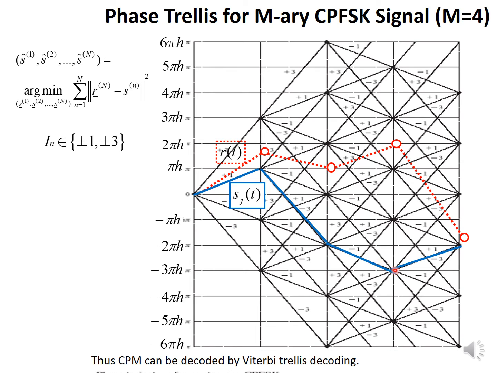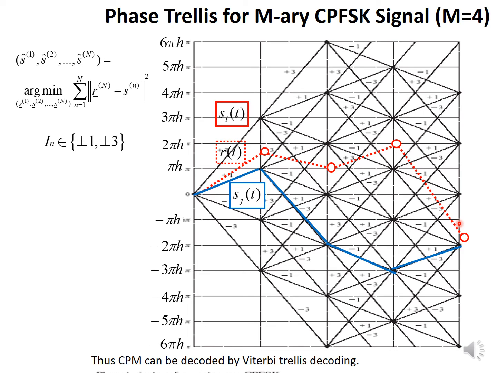Say Sj is one of the path candidates. At some time, a symbol in the path Sj may be very close to the received symbol, but not all the symbols in the path Sj are close to the received path.